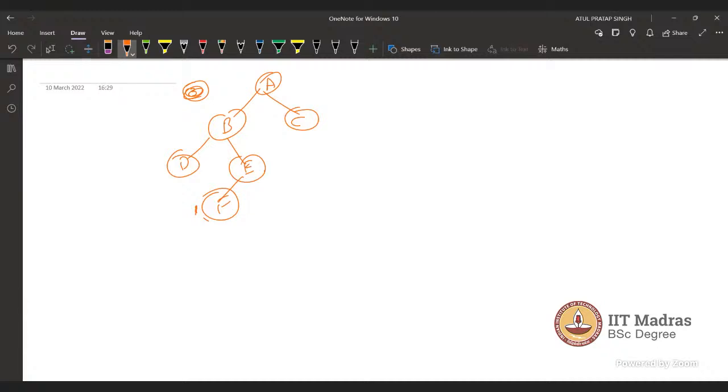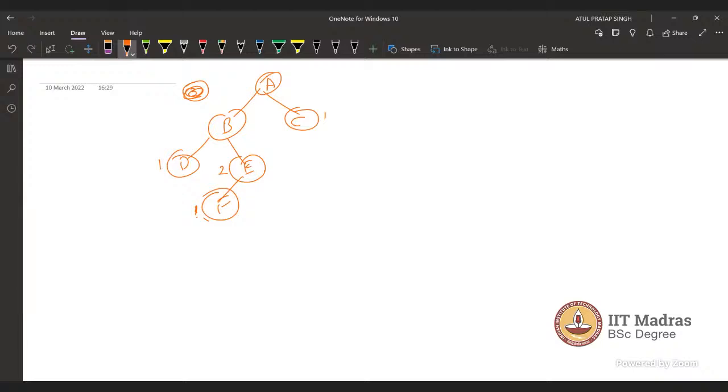Now we will add 1 to the longest path. Okay, so this is 1. Now it becomes 2. Now this is a leaf, this is 1, and this is also a leaf, this is 1. Now for B, who is the longest? So we just check the child height values.